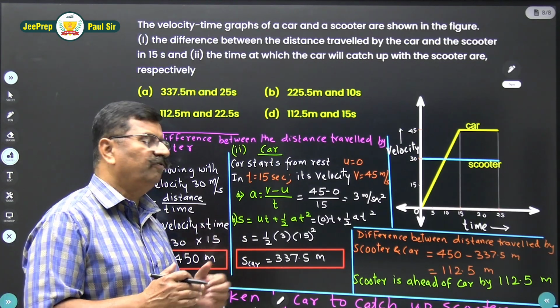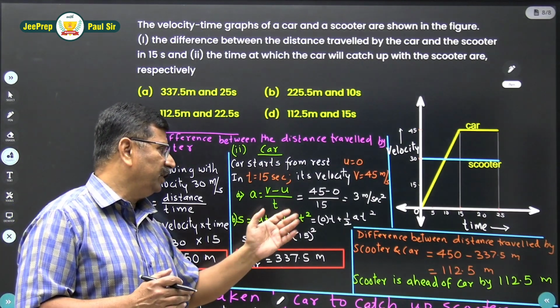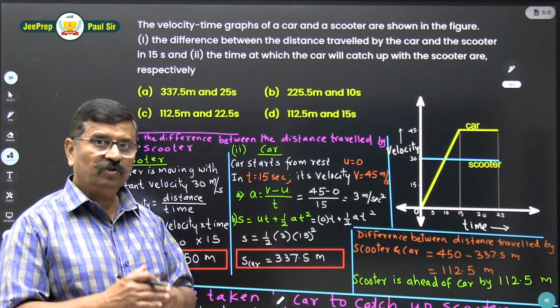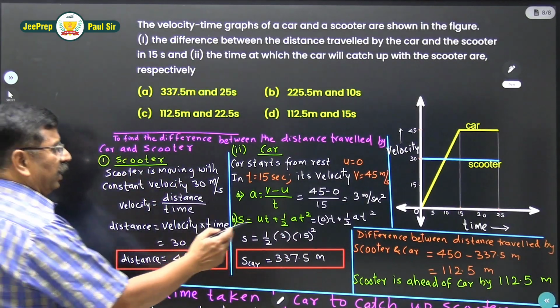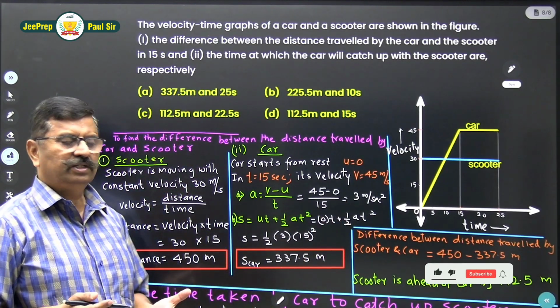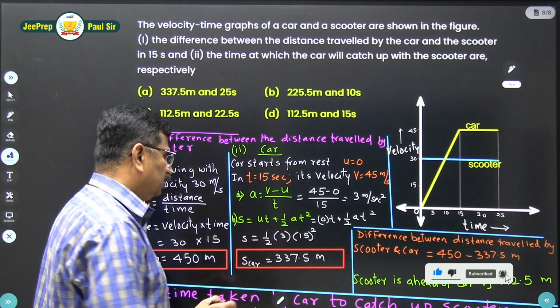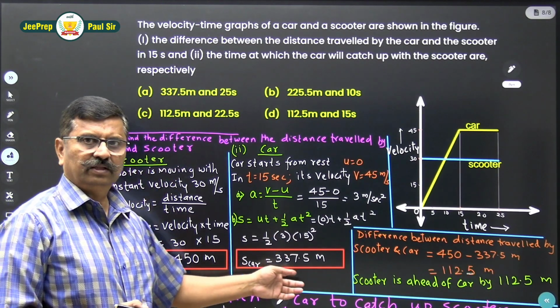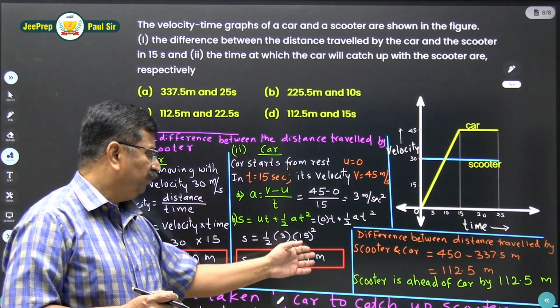So now let's use the formula for the distance. S is equal to ut plus half at square. Initial velocity of car is 0, therefore I substituted this as 0. And acceleration is 3 meter per second square, which we have calculated just now. Therefore, S is equal to half into 3 into 15 square. And this comes to be 337.5 meter.